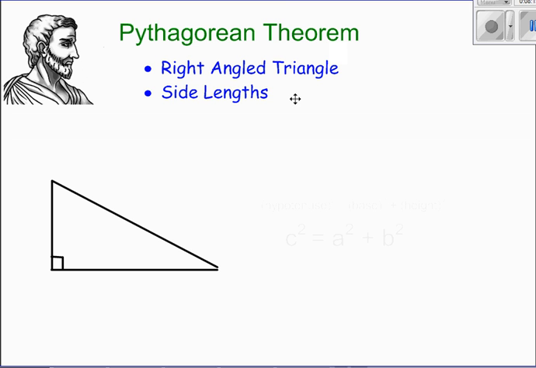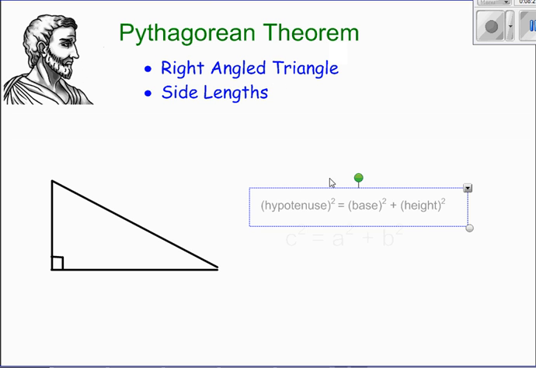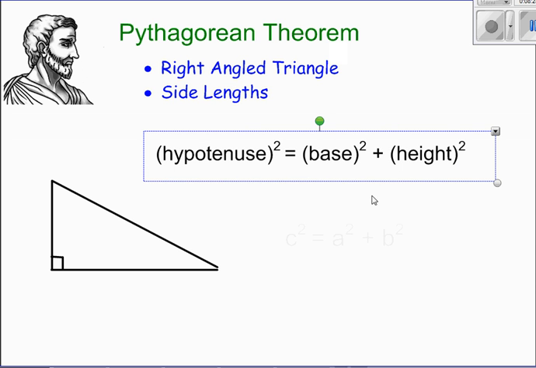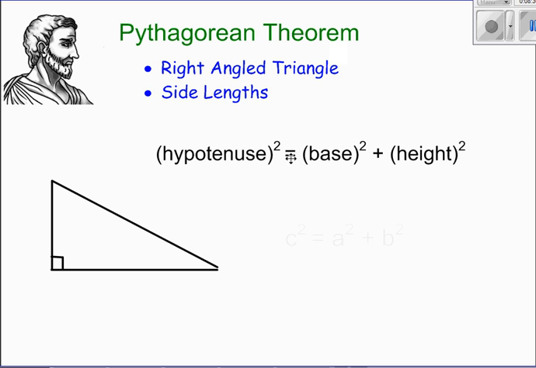Okay, so now that you know that, here's how the Pythagorean theorem should have been discussed with you in a previous grade. You should have been told that the Pythagorean theorem is an equation that tells us that the length of the hypotenuse squared is equal to the length of the base squared plus the length of the height squared.